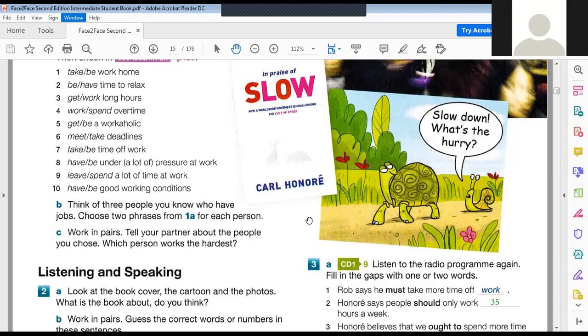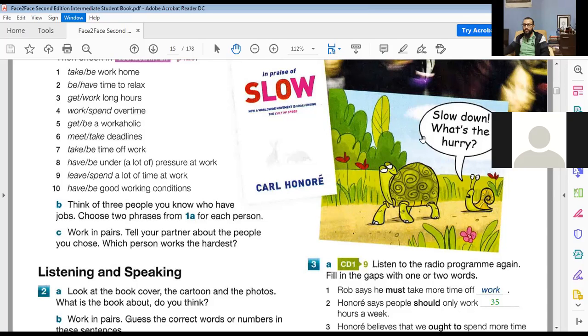Yes, you have to hurry to do things. If you work slow, maybe you don't do all what you have to do. True. So if you have a deadline you need to meet, if you're under short time, you need to act quickly, right? So you need to work quickly.